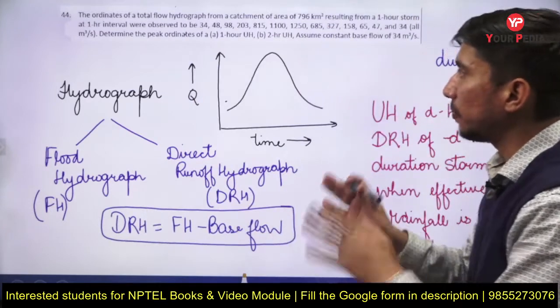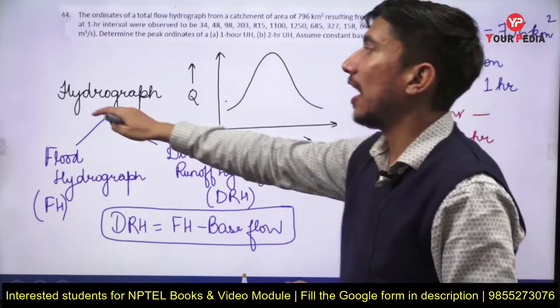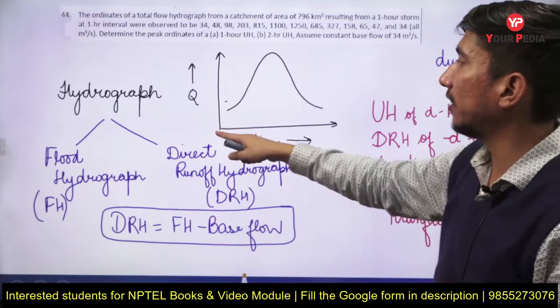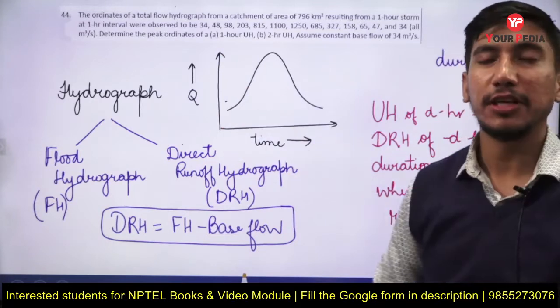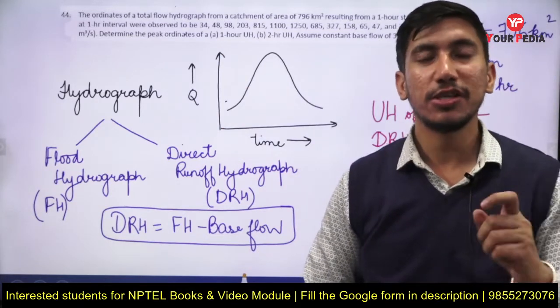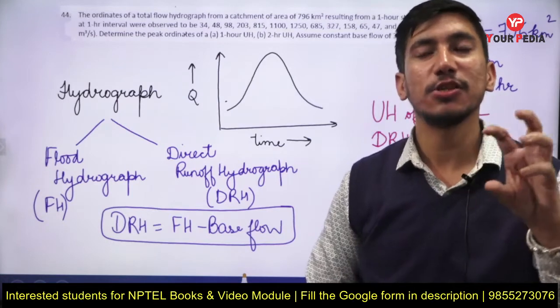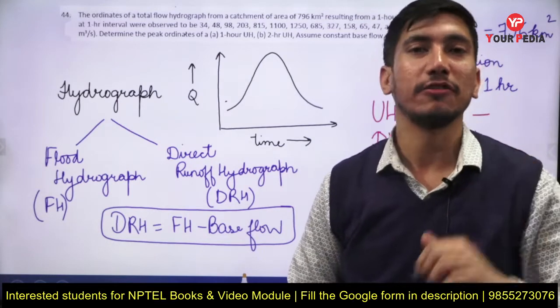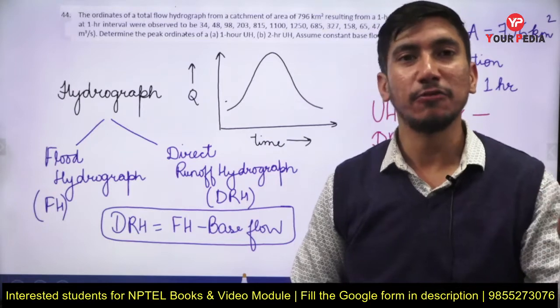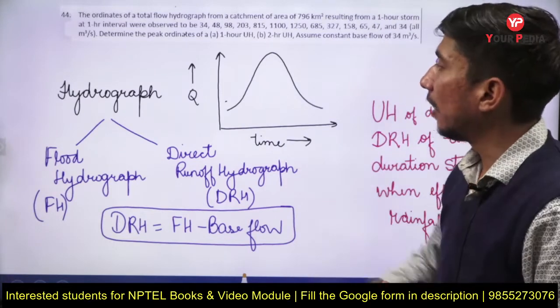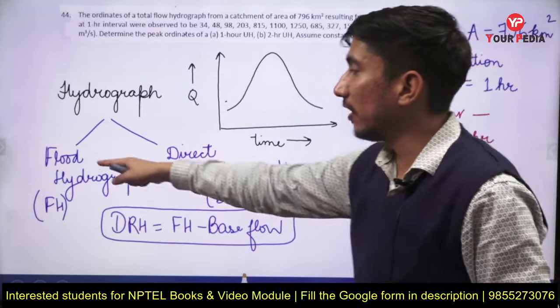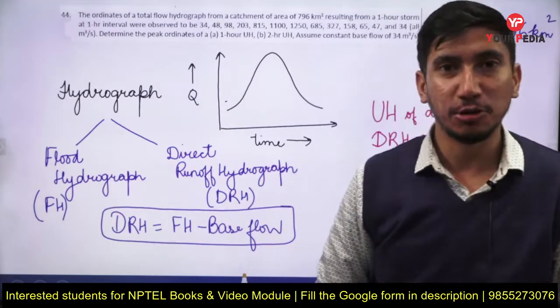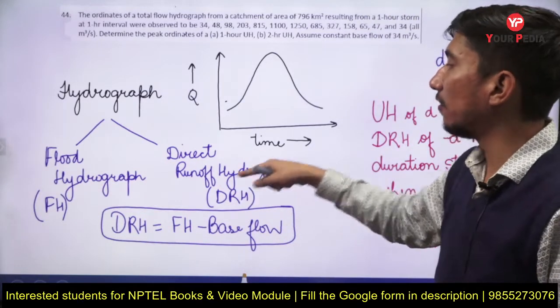So first, let me explain to you what a hydrograph is. A hydrograph is a curve between the discharge and the time, in chronological order. This discharge is going to be available at the outlet of a catchment because of some rainfall that is happening. Now hydrographs are of two types. One is the storm hydrograph or flood hydrograph, and second is the direct runoff hydrograph.